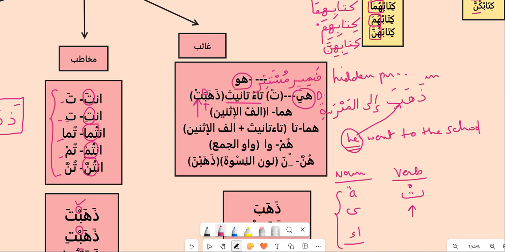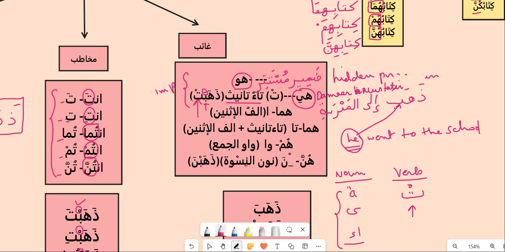So in past tense we have two hidden pronouns, that is huwa and hiya. Remember, this is very important. In past tense we have two hidden pronouns, huwa and hiya.